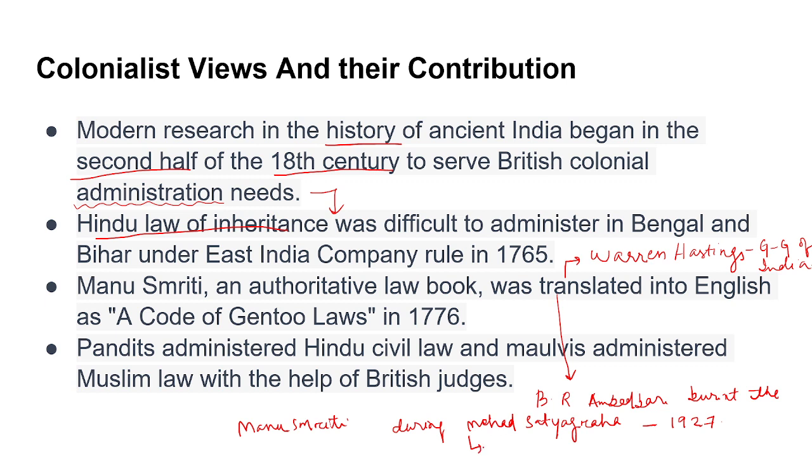And इसको क्या कहा गया? It was called Manusmriti Dahan Divas. Because Manusmriti में लिखा गया था that untouchability है, and you know there were a lot of things which were against the lower caste people.